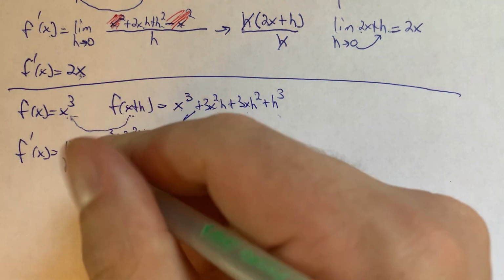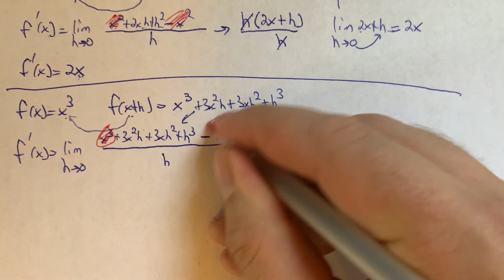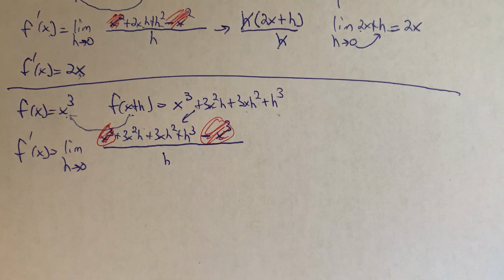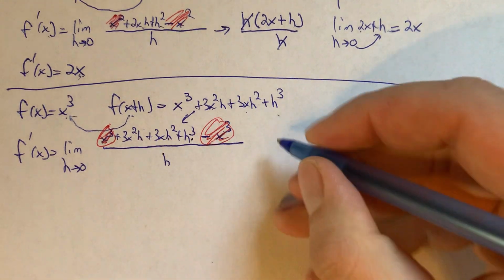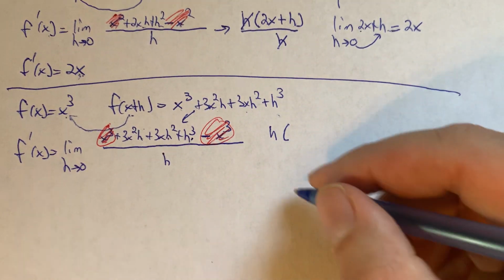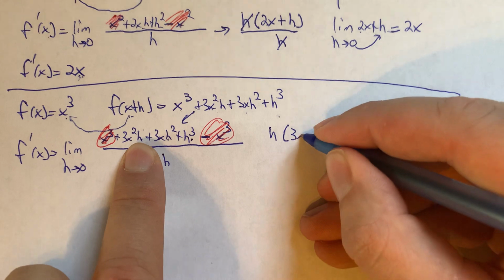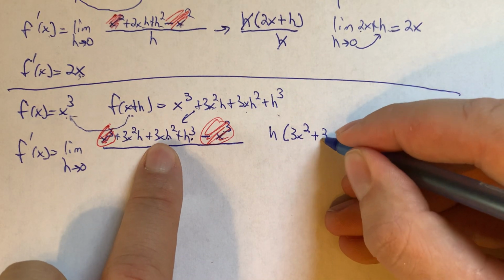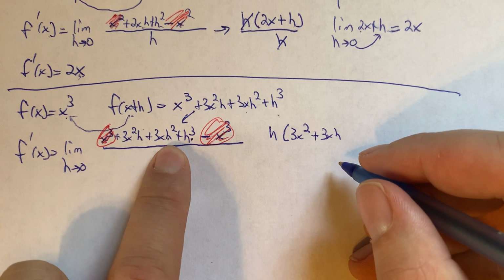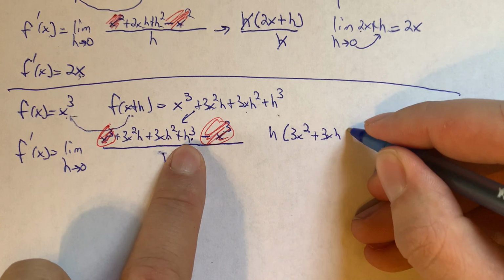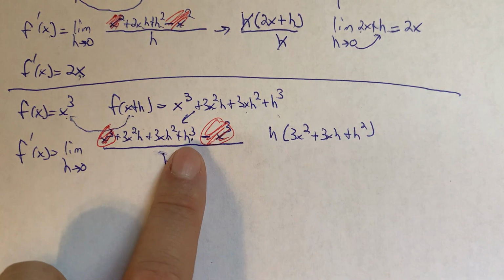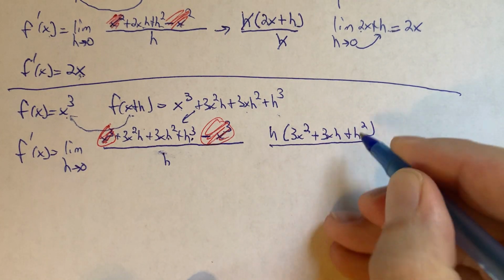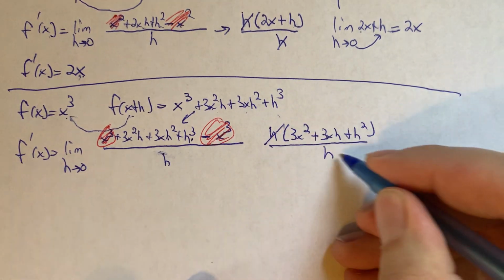And what's going to cancel? Well, the stuff that doesn't have an h. So x cubed minus x cubed goes away. These all have an h, so we can factor out an h. H times 3x squared. H times 3xh will give me 3xh squared. And h times h squared will give me h to the third, divided by h. And the h's will now cancel out.